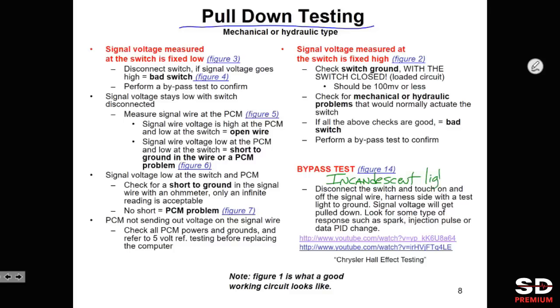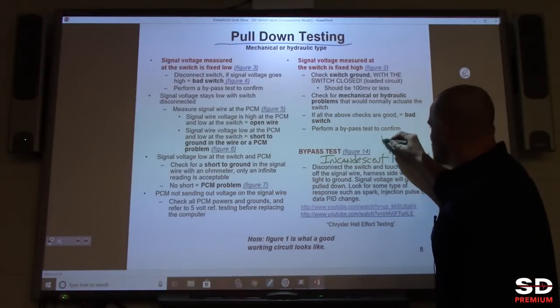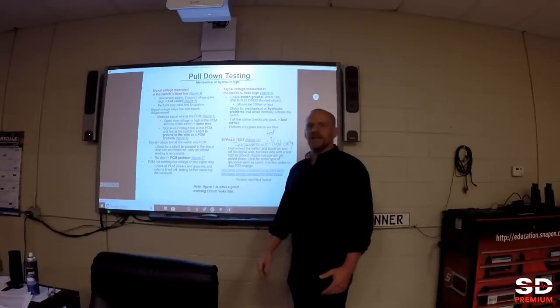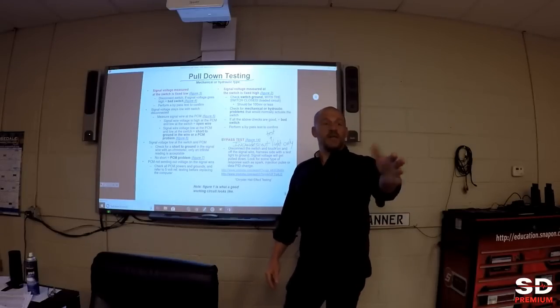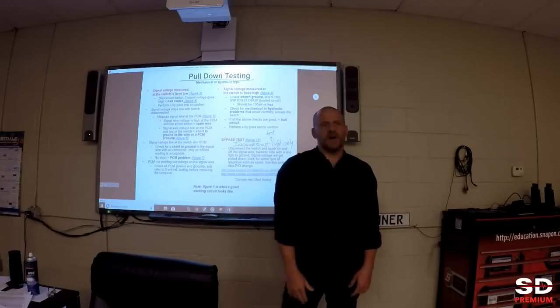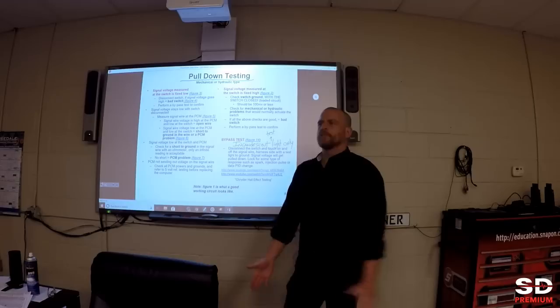Incandescent light only. Incandescent test light only. Why? An LED, you won't hurt the LED light. It won't pull it down. It's too high resistance. It's not going to work for this test. Okay?